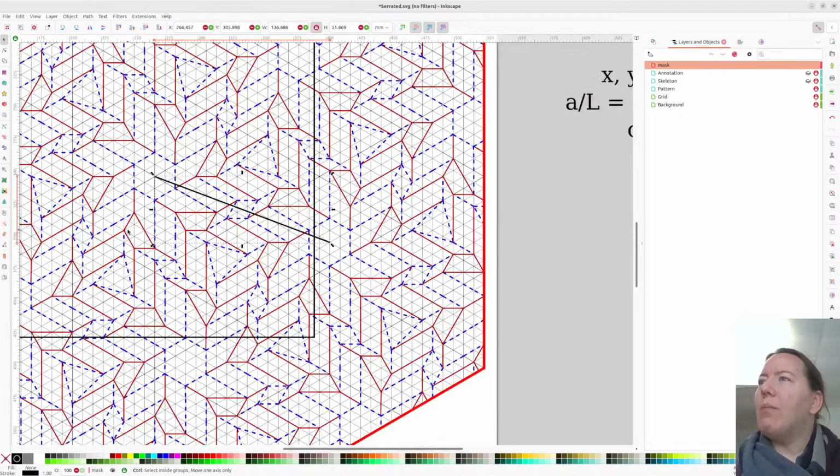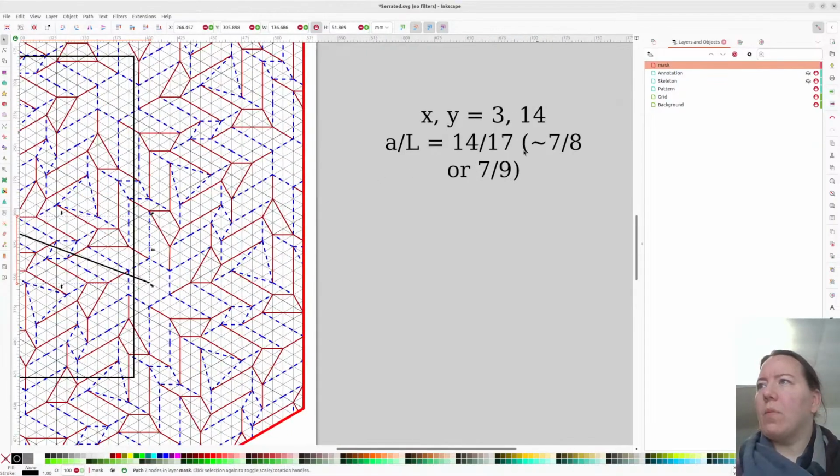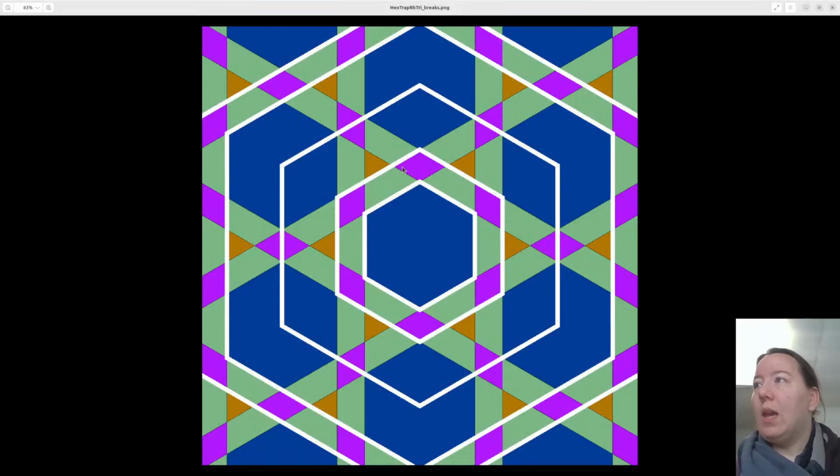And then I'm plugging those numbers in to a formula that I mathed out a while back. Basically, we have the count in the first direction, the count in the second direction between those two repetition points, which, by the way, I verified in the tiling that these repetition points are aligned with the tiling breaks.